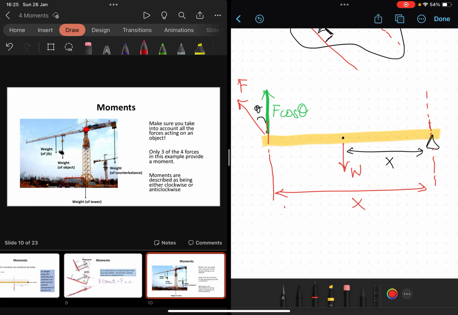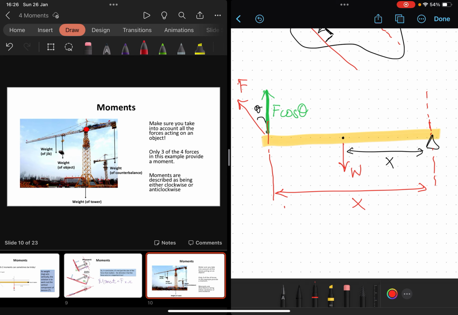Here's your classic example then of moments. So we've got a crane, and what we don't want it to do is to topple over. We want it to be able to pick up a load of objects and move them from place to place, and we want the whole thing to remain upright without falling over. On that diagram, you've got four forces. You've got the weight of the counterbalance.